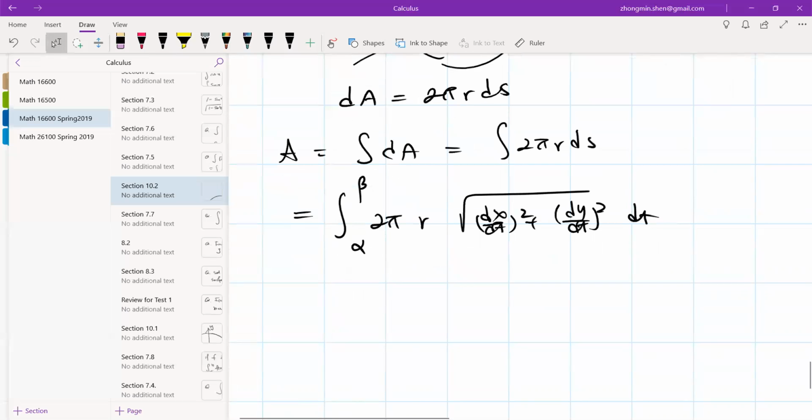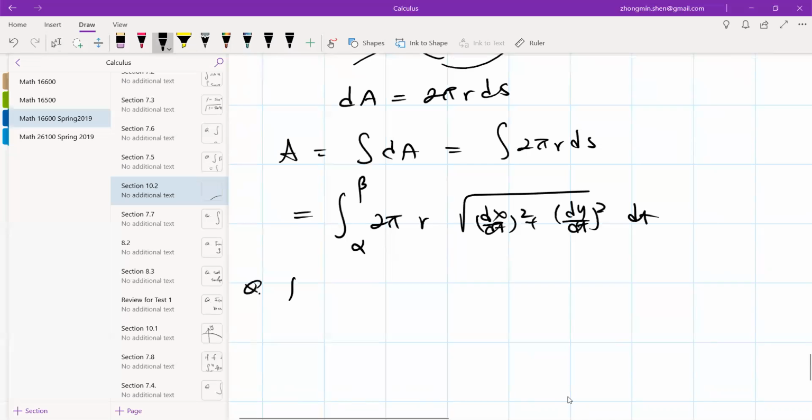Okay. So here, let's find out where the problems are. On the other side of the page: set up the integral that represents the area of the surface. We just want to set up the integral right now.